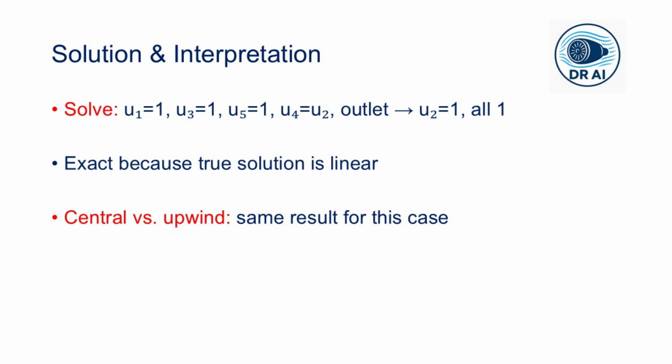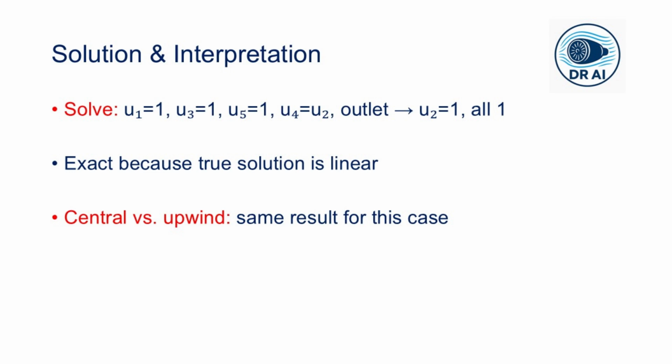Now suppose we use the first order upwind scheme for the phase values instead of central differencing. For the flow from left to right, the left phase value of cell I is just u_{i-1}, not the average. Then for cell 2, u2 minus u1 equals 0. So this is exactly the same result.